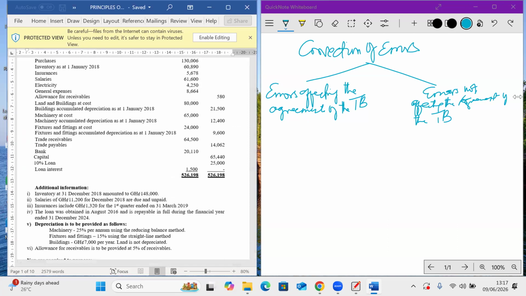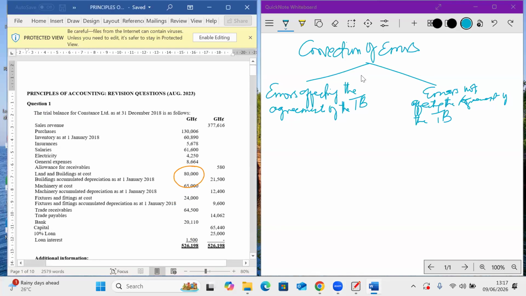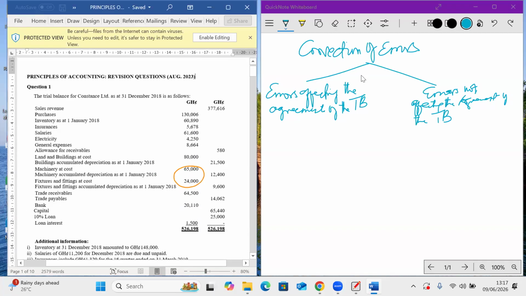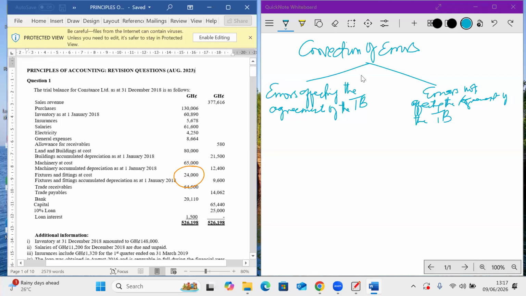It will cause the total debit side. Look at the total debit side. This is debit. Those of you who don't know what debit is, this is debit. This is credit.